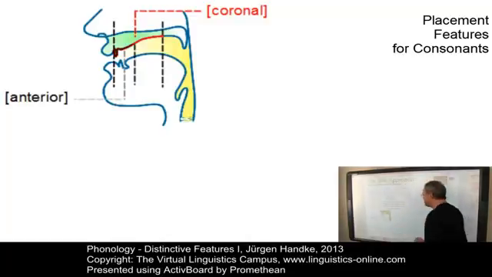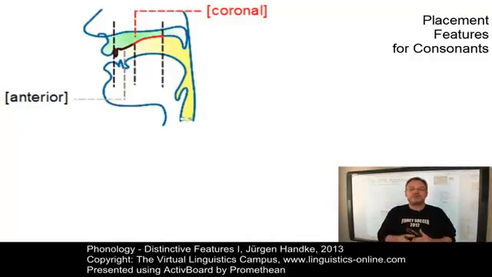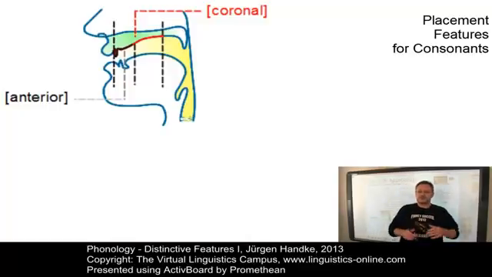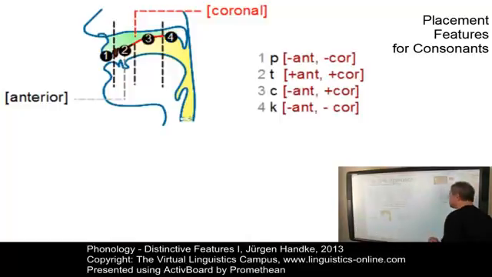The feature anterior is associated with all those coronal consonants which are produced with a primary constriction located at or in front of the alveolar ridge, that is, with labial, dental and alveolar consonants. Here are some examples.